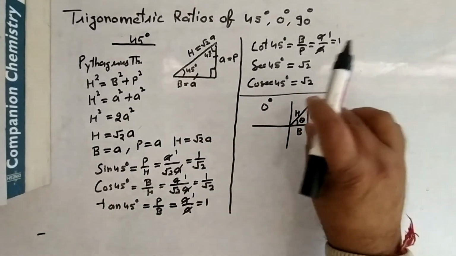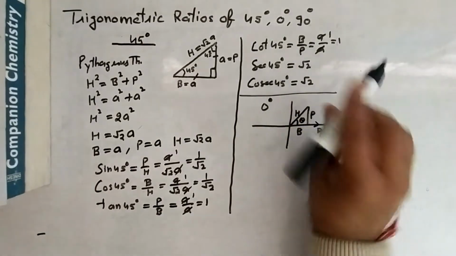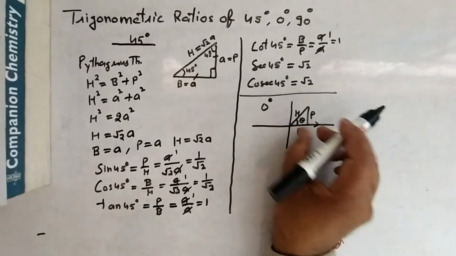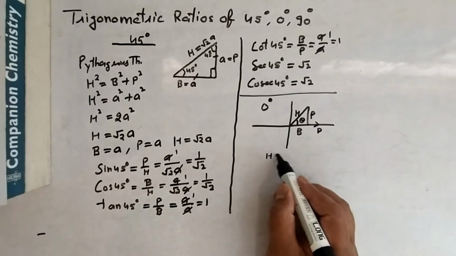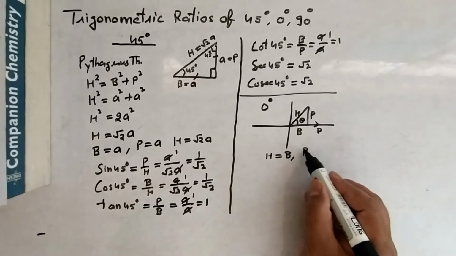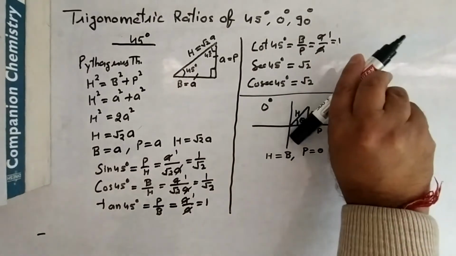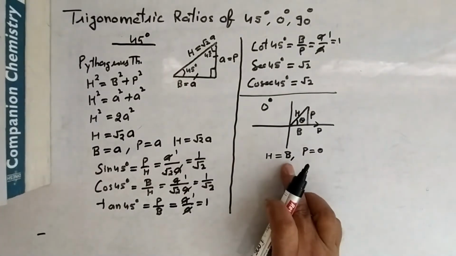Now suppose you move this in the clockwise direction and this hypotenuse comes to this line. In that case, hypotenuse becomes equal to base and perpendicular becomes equal to 0. Only then you get 0 degrees. So perpendicular is 0, hypotenuse is equal to base.